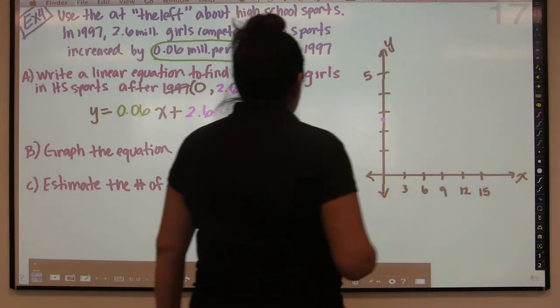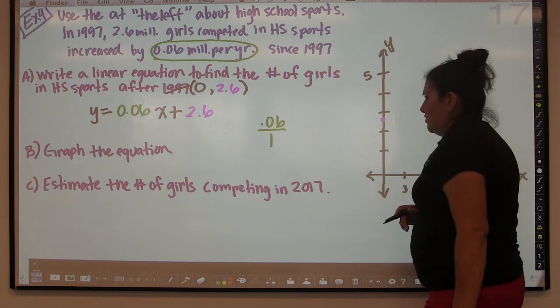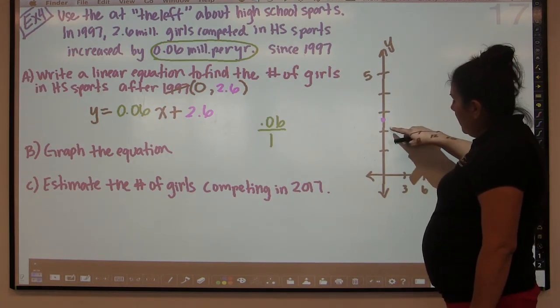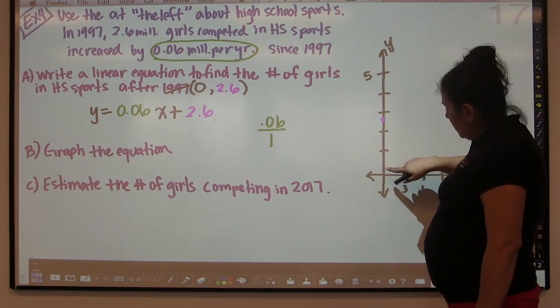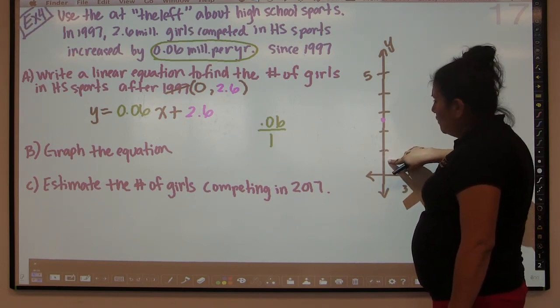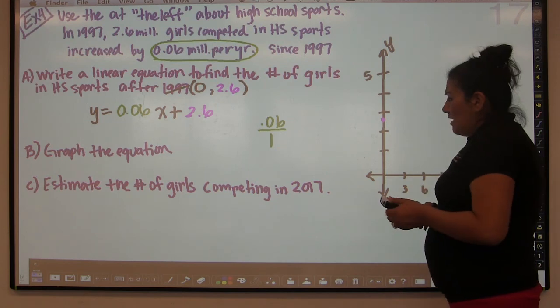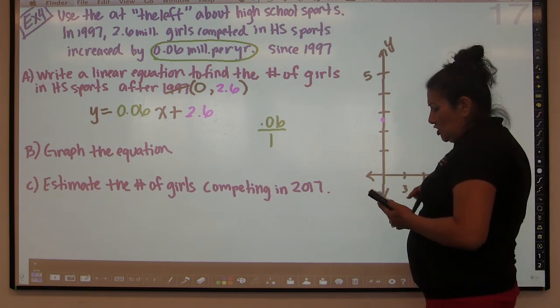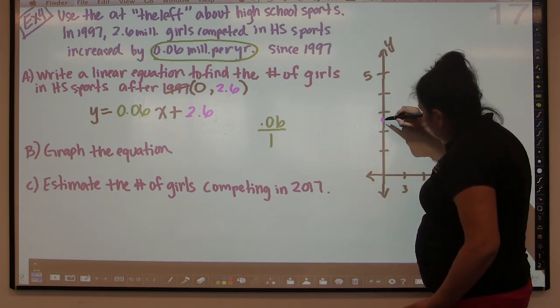All right, so basically it's not going to make it easier for us to put in a fraction. But I'm going by halves. This is 1. So here's a half. Here's 1. So 0.5. We want 0.06. So if you add 0.06 to 2.6, you're going to get 2.66. So we're not going to be very far off.